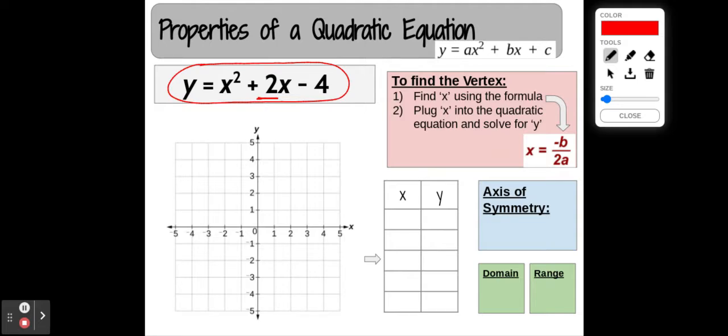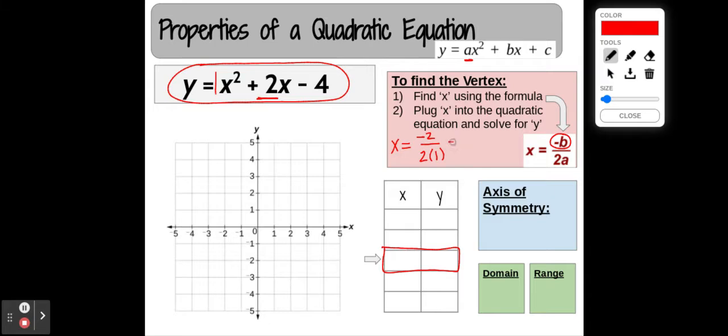Now remember when we're graphing, we want to start off by making a table of values, but the very first point that we want to come up with is the middle point of the parabola, and that's the vertex. So we're going to use that formula x equals negative b over 2a. So let's write x equals negative b. If the b is 2, negative b would be negative 2 divided by 2 times the a value, and the a value in the function is just a 1.